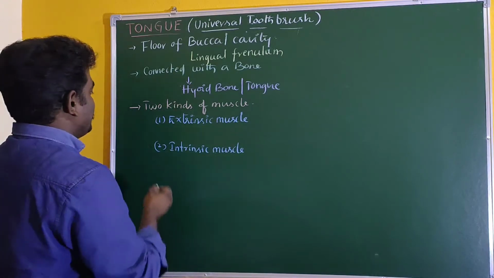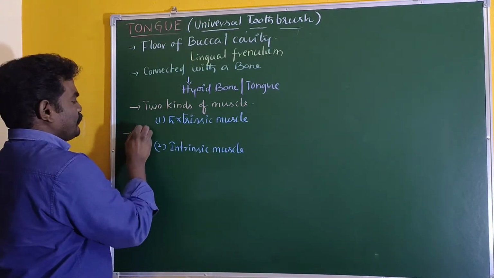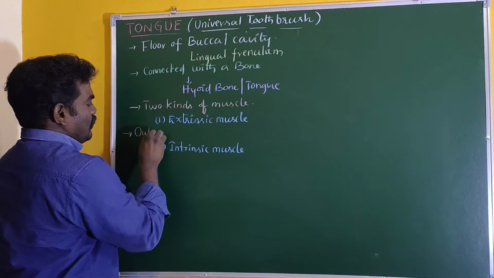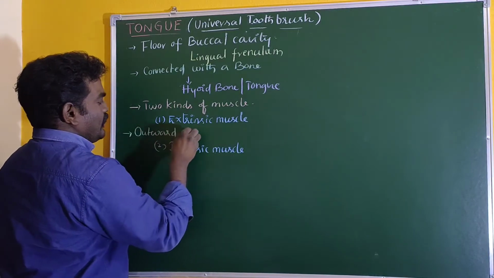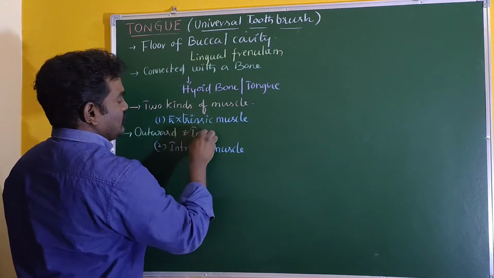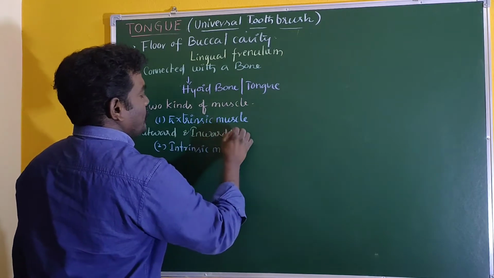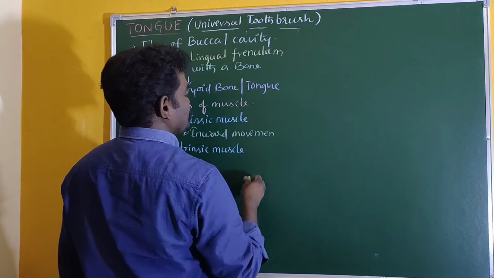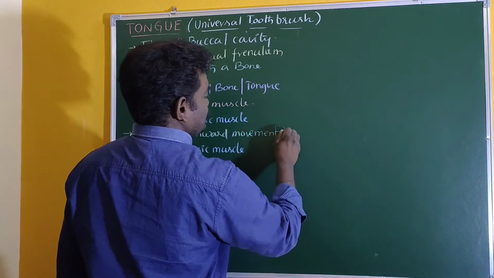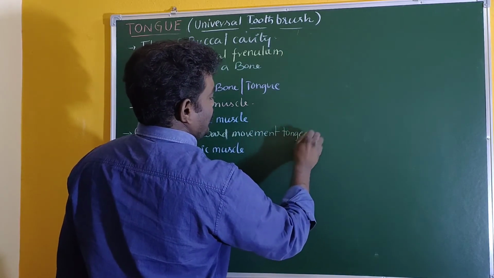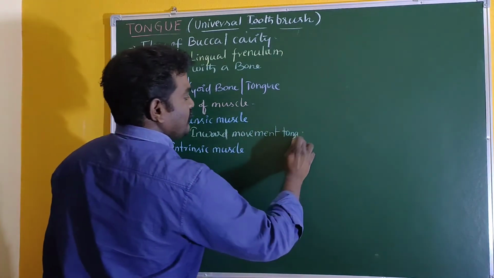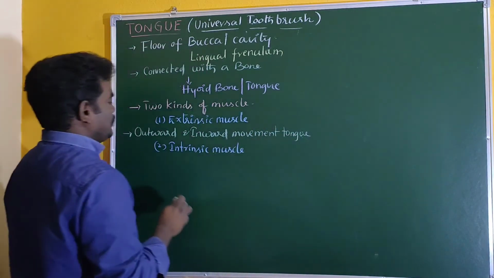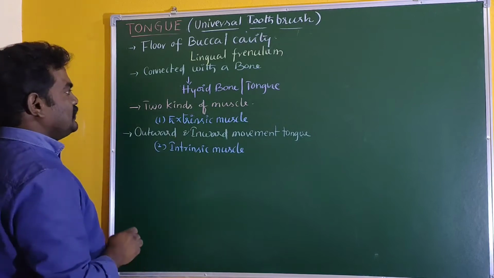Extrinsic muscles help in the outward and inward movement of the tongue. The outward and inward movement of the tongue is regulated by the extrinsic muscles.